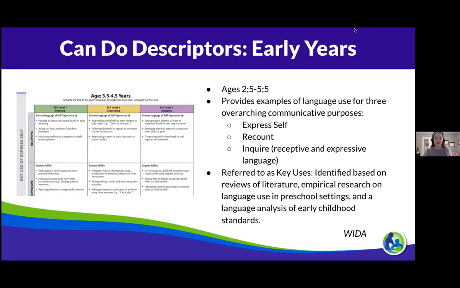And again, many teams report that they don't feel like that's the case for our dual language learners and that we refer to find out. So again, you're going to use your red flags, your stages of language acquisition, your ACCESS scores, and your Can Do Descriptors to make that decision as to whether a referral is warranted.